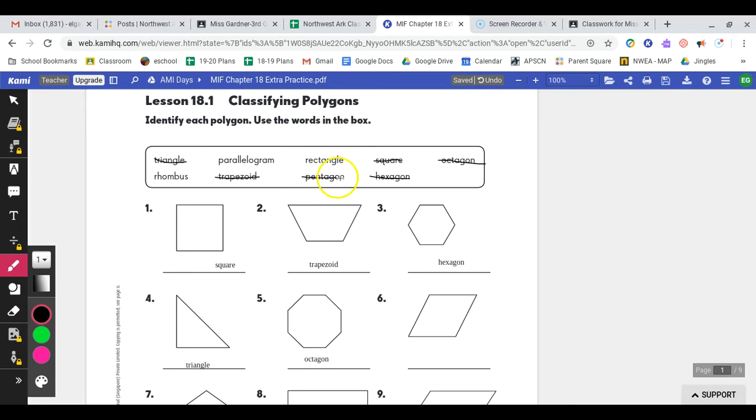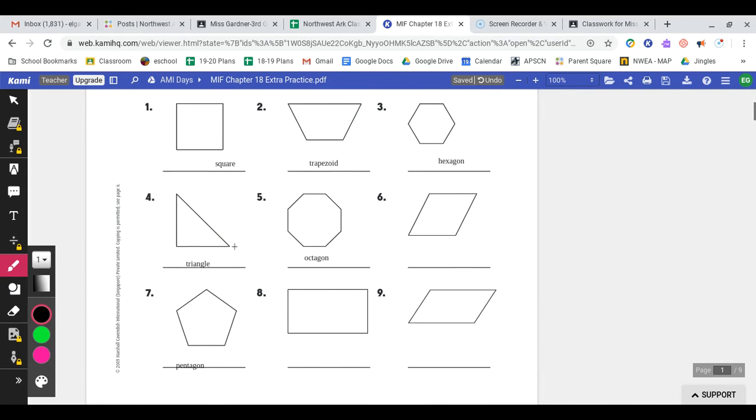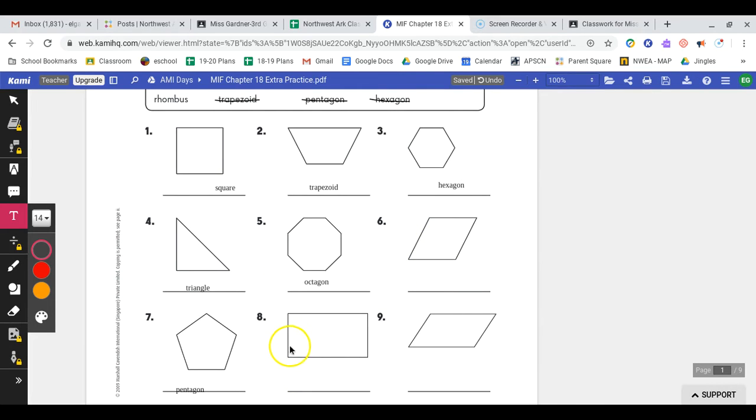Just a moment. Okay. How many sides does this shape have? 4. The angles, as you can see, are right. And the sides are not the same length. It also does have 2 pairs of parallel lines.